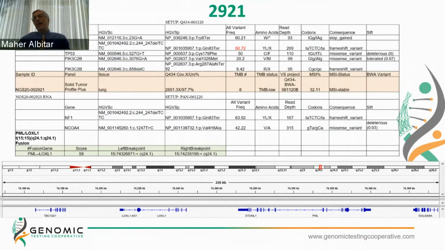Sometimes if the expression level of fusion genes adjacent to each other is very low, that's because of alternative splicing. But when it is very high, we compare it with other sarcomas, and if we don't detect it in other sarcomas, we call it as is. Next slide.